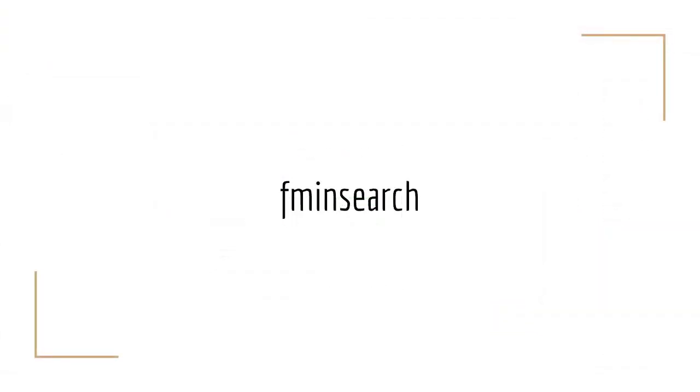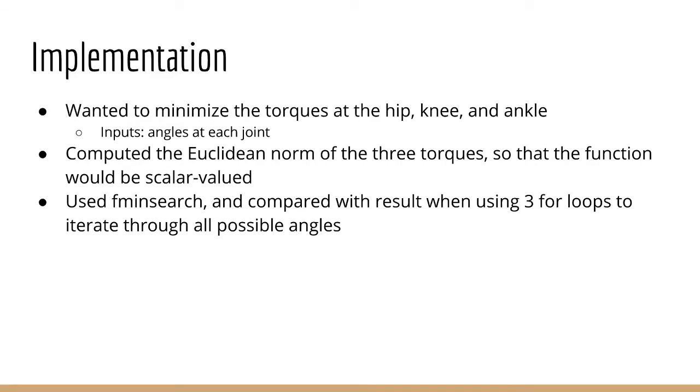Next, we'll be talking about how we optimize the position of the squat. We wanted to minimize the torques at the hip, knee, and ankle with respect to the angles at each joint. And we wanted to optimize the function with respect to one number instead of all three moments at the same time. That is, we wanted it to be a scalar valued function, so we optimized with respect to the Euclidean norm of the torques.